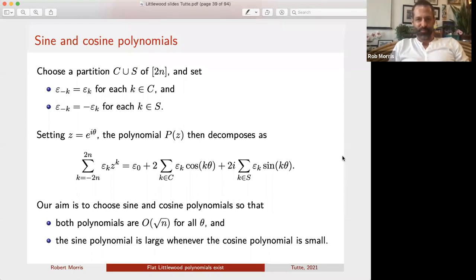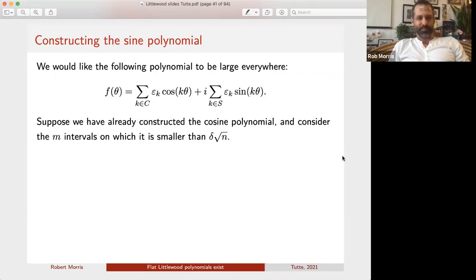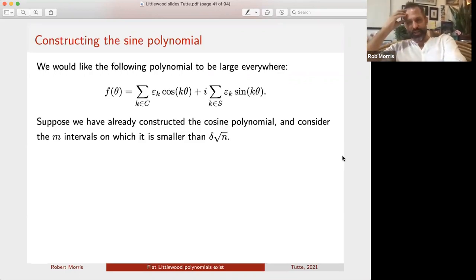Right. So, how are we going to do that? We want this polynomial to be large. Okay, let's suppose we've already constructed the cosine polynomial, and let's look at the places where it's small.